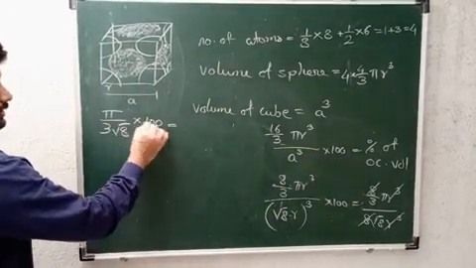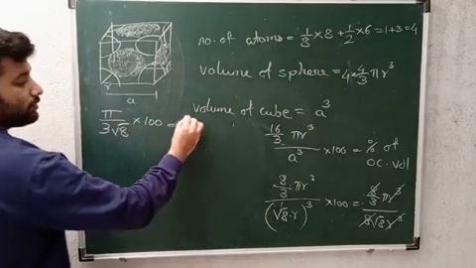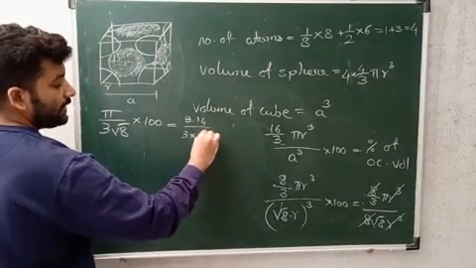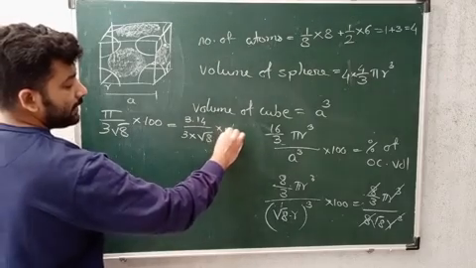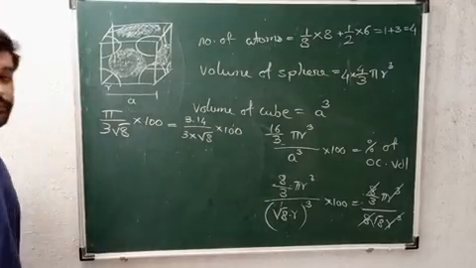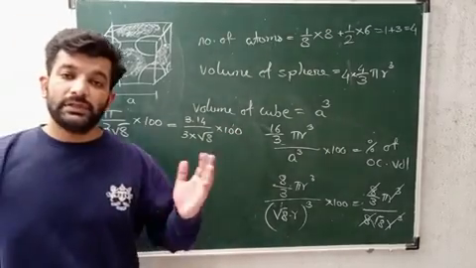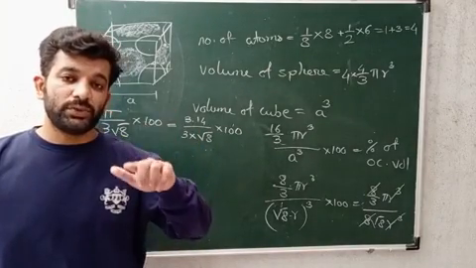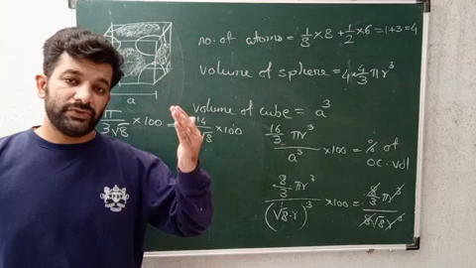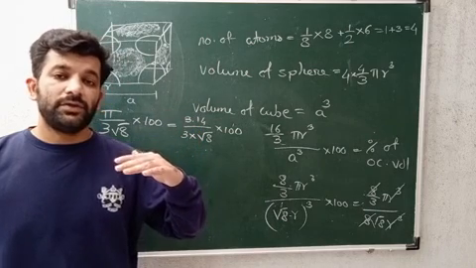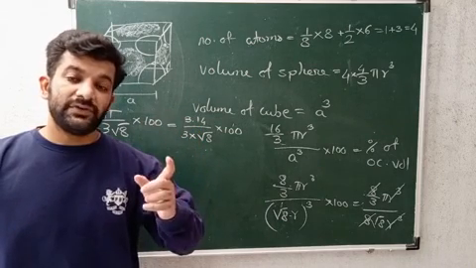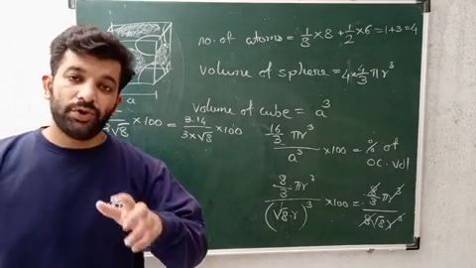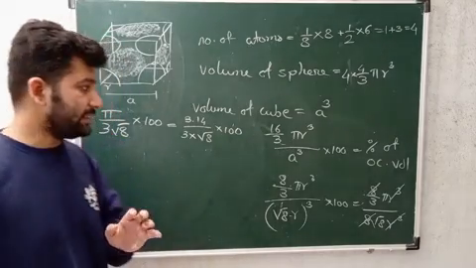So that will be 3.14 upon 3 into the value of root 8, which we can find with the help of the log table. You will see at the end of the log table natural square roots. In natural square roots, when you see the value of 8, you will get the exact final answer.